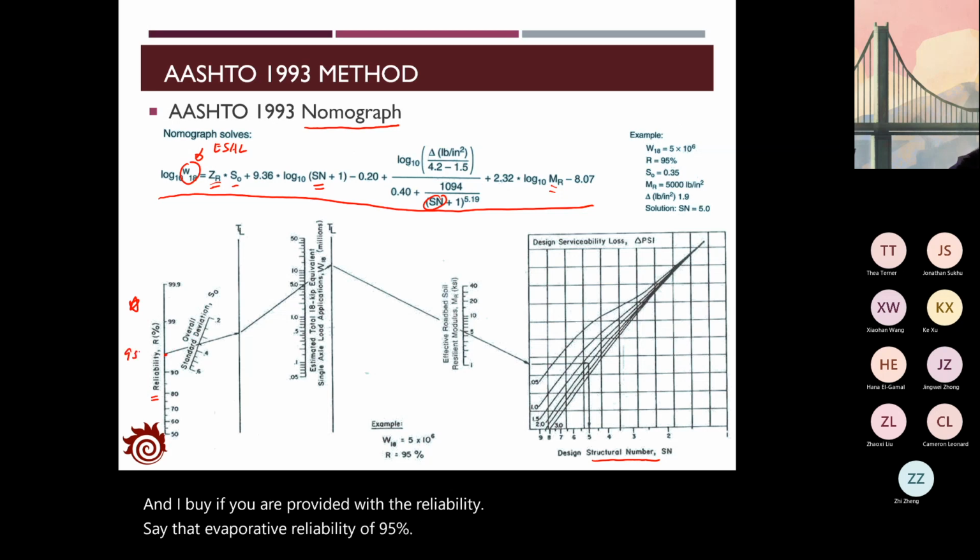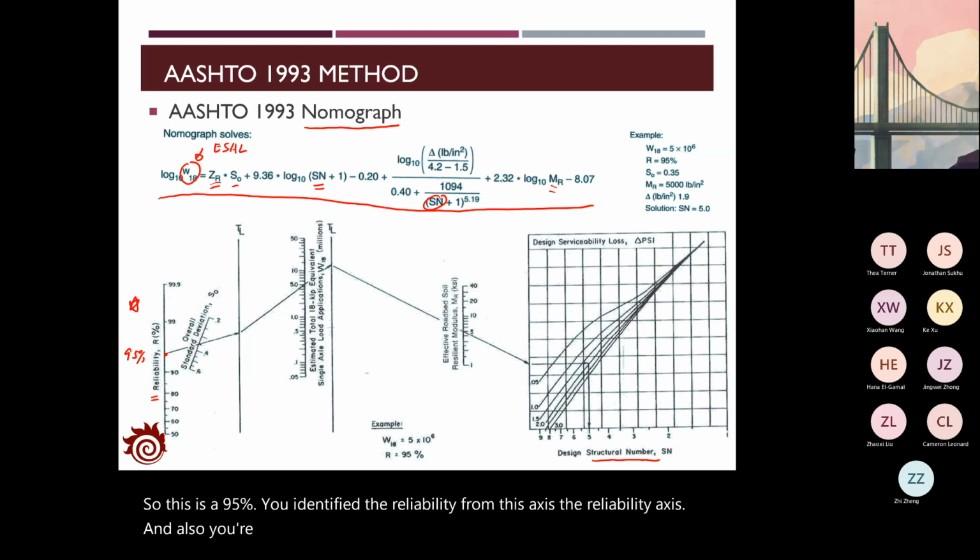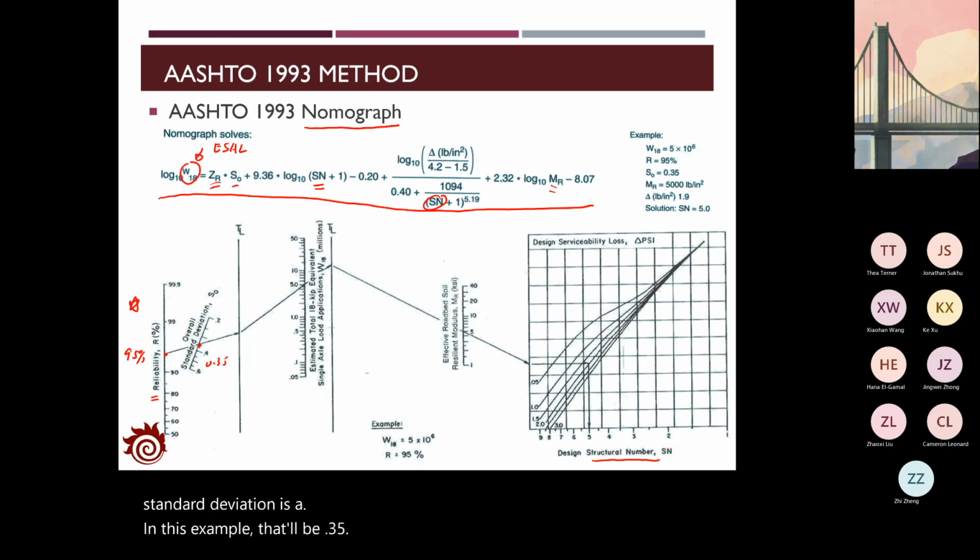You identify the reliability from the reliability axis. And you're also provided with the standard deviation. Say that the standard deviation in this example is 0.35, so S0 equals 0.35.